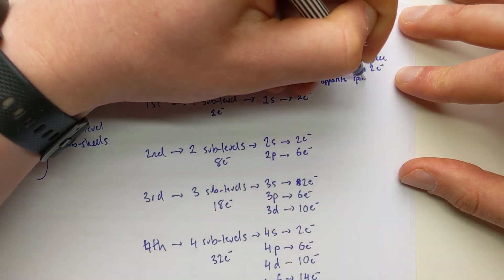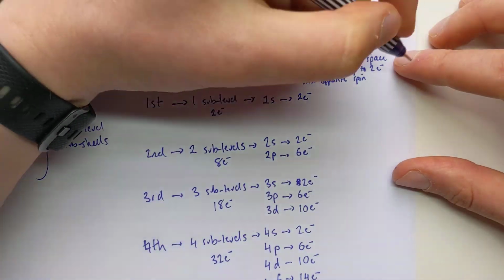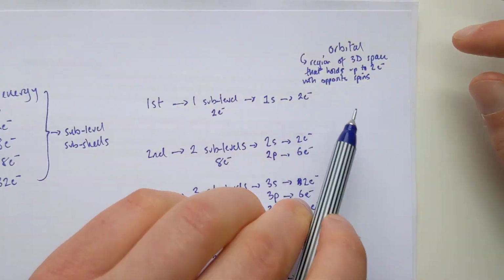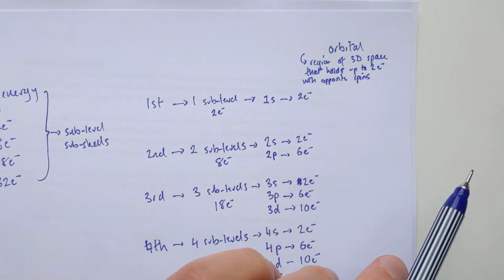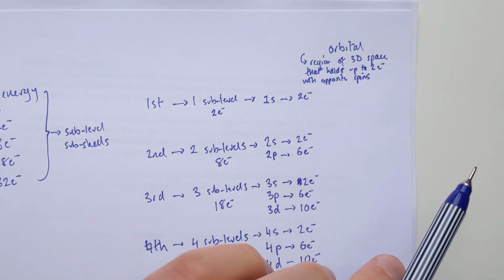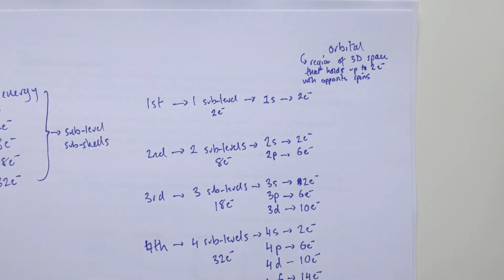Now, I'm going to leave out some of the definition for now. Opposite spins, I'm going to leave that for later, it doesn't really matter. But the important thing is that it's a region of 3D space. It's an actual region within the atom where you'll find those electrons in that orbital. The important thing is it only holds up to 2 electrons.